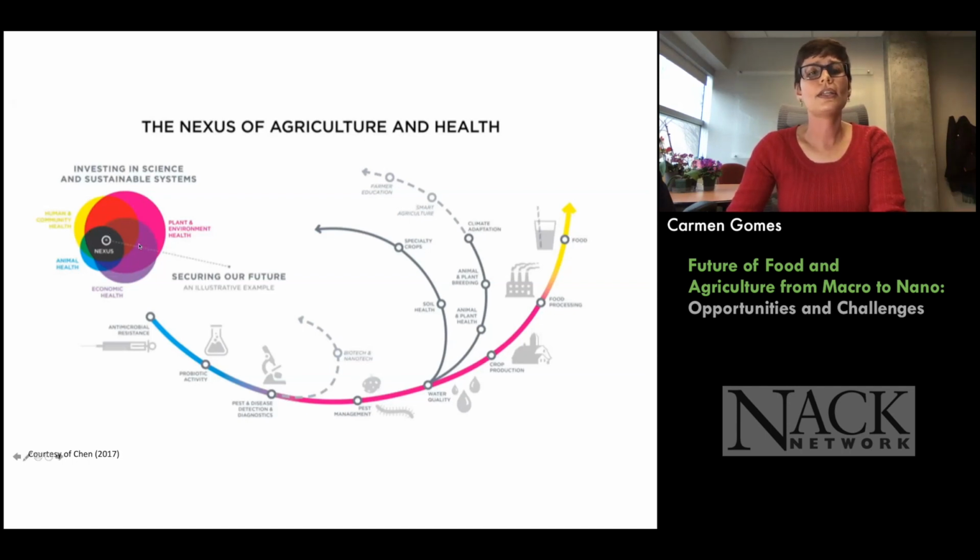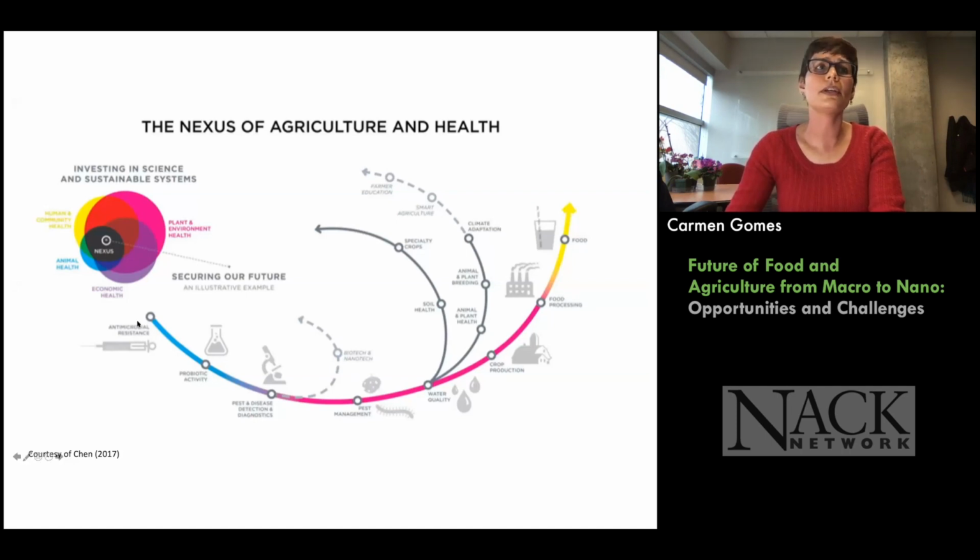And this slide is actually from the USDA. You can see that the USDA has been funding many aspects of research that are interconnected to those problems. And nanotechnology, again, can play a role all the way from tackling antimicrobial resistance, probiotic activity, pest disease and detection diagnostics, pest management, water quality, soil health, animal health, and crop production.